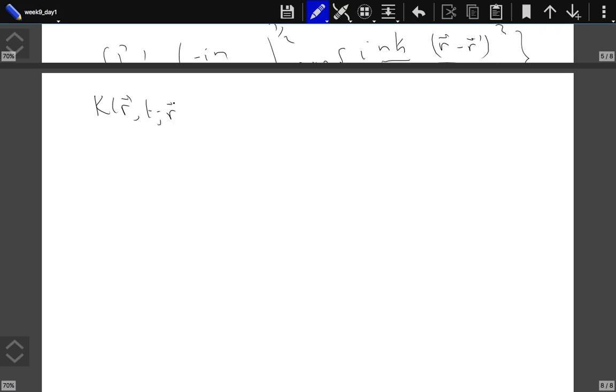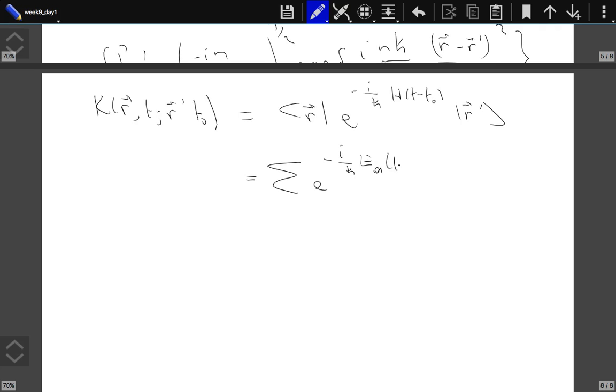K(R, T; R', T0). This is equal to, this was how we had defined it, the sum over A of e to the power minus i over h bar, E_A (T minus T0), times the bra R and ket A, and the bra A and ket R', A being a complete set of energy eigenkets.